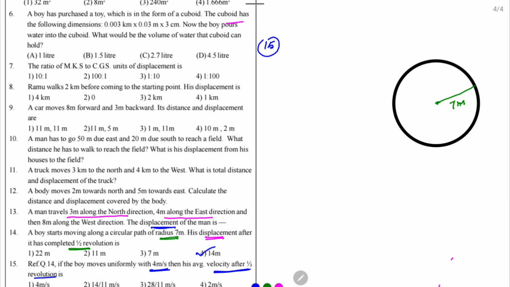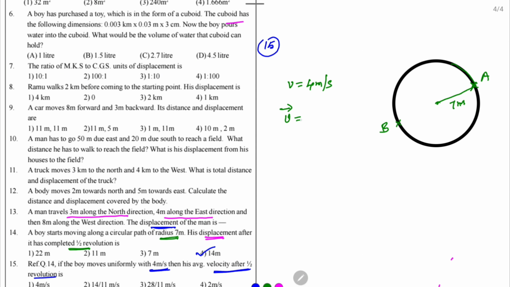He moves with a uniform speed of 4 meters per second. What is the speed of that boy? 4 meters per second. So with that speed, he covers half a revolution. So he starts at point A and all the way reaches point B. Here he is asking what is the average velocity.